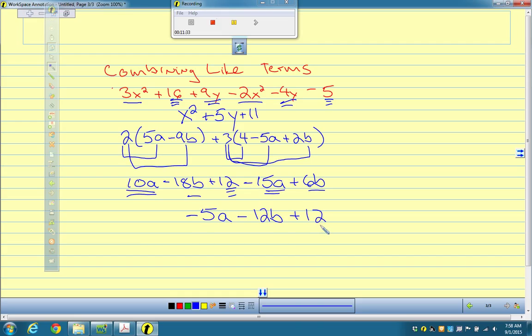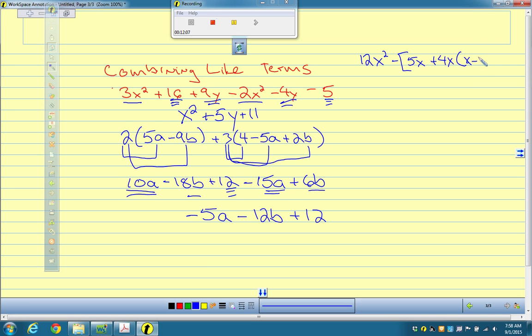Okay, I'm going to let you guys try this one on your own, and then you're going to get into pairs, and we're going to do some more. Okay, so 12x squared minus 5x plus, oh, there's something I didn't talk about here.